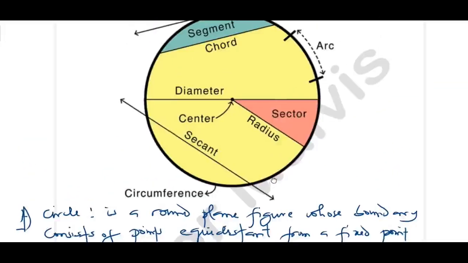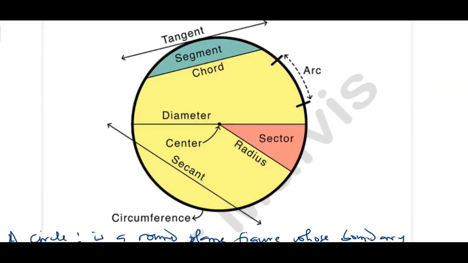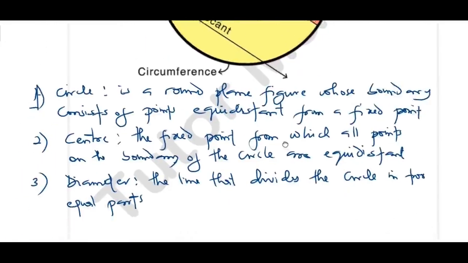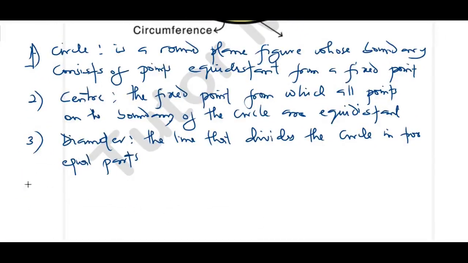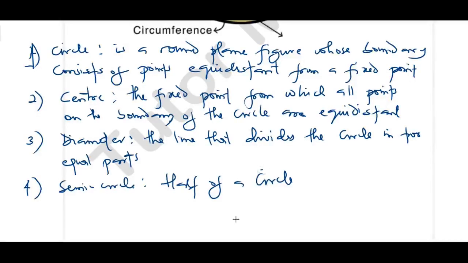Okay, so this straight line here is known as the diameter. So this is a semicircle, this is a semicircle. So number 4, let's talk about the semicircle. That is half of a circle, or the area bounded by the diameter of a circle.